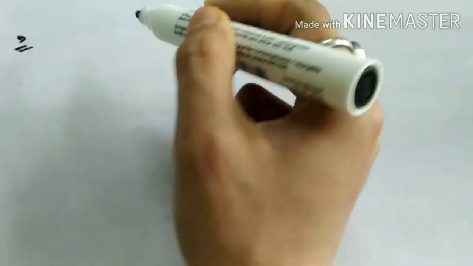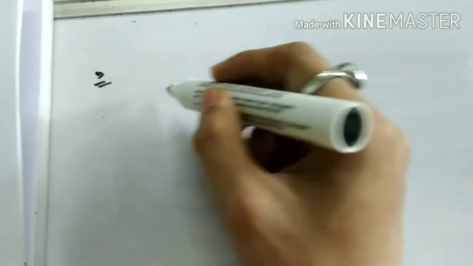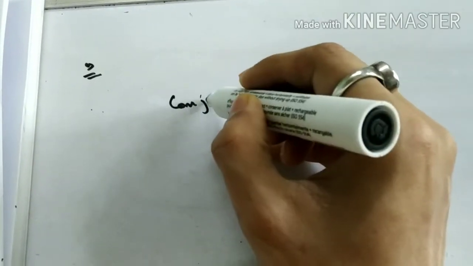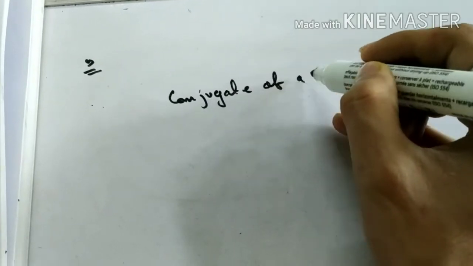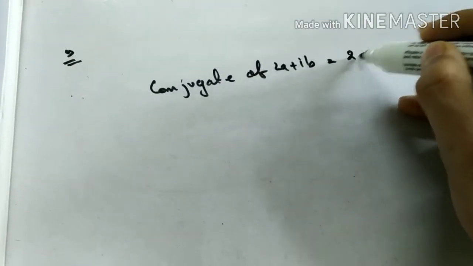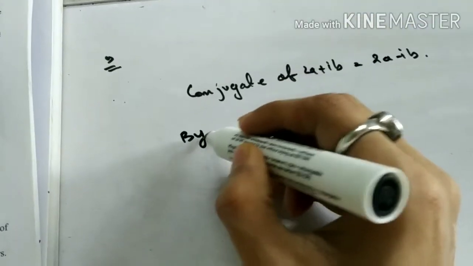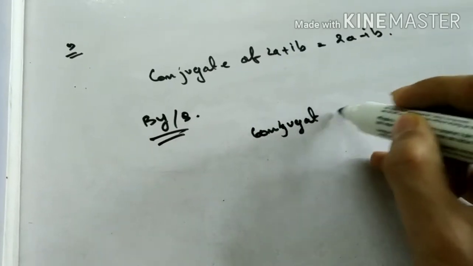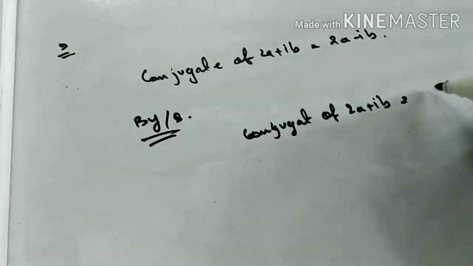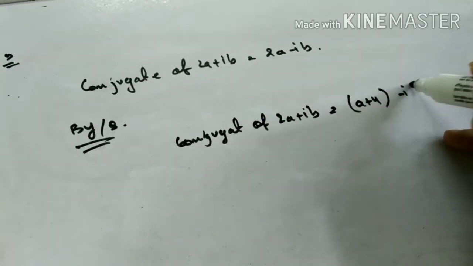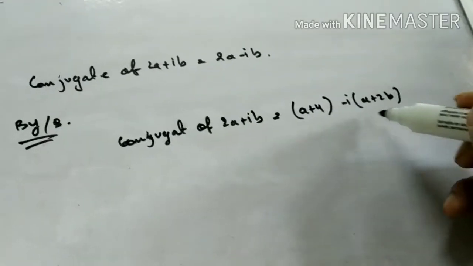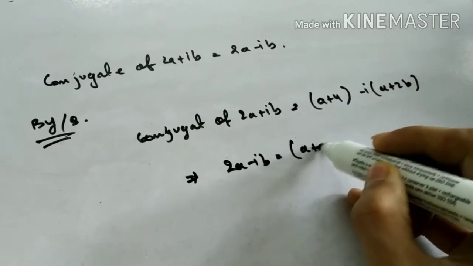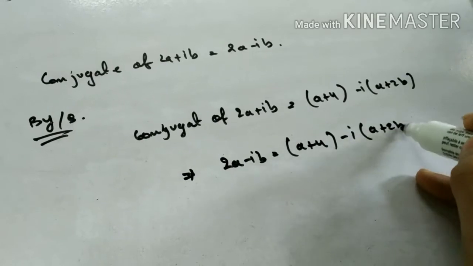First of all, the conjugate of 2a plus ib is 2a minus ib, and by the question it is given that the conjugate of 2a plus ib equals a plus 4 minus i(a plus 2b). So 2a minus ib is equal to a plus 4 minus i(a plus 2b).